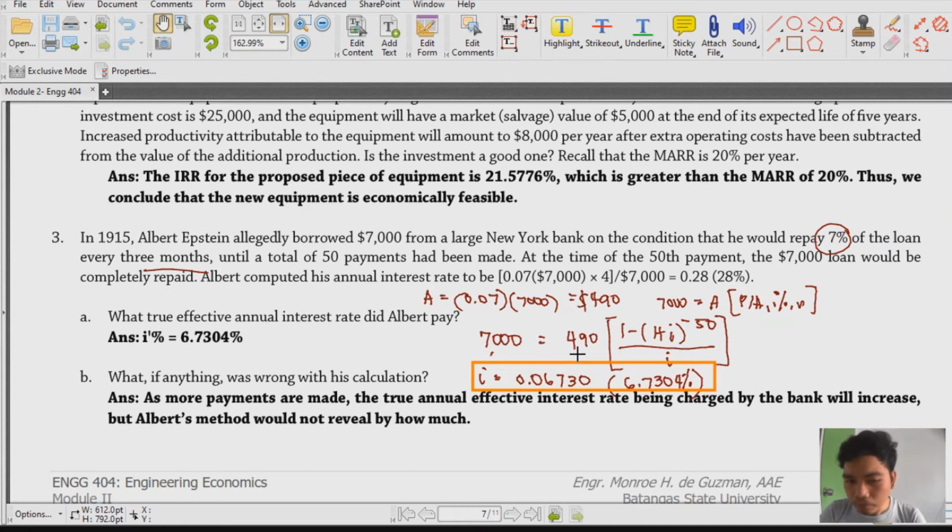Okay, so pag binasa natin dito, ano ba sabi dito? Ayan. Albert's method would not reveal by how much. That is true. Kasi alam naman natin na, di ba, yung interest rate being charged by the bank will increase. So, totoo naman talaga yon. Then again, kung kukumpute natin siya based on Albert's idea, that's 28%. That's too much, di ba? Though, hindi naman talaga siya ganun.